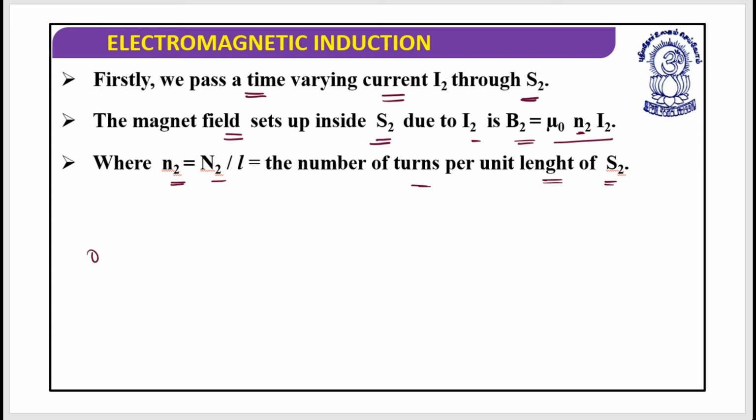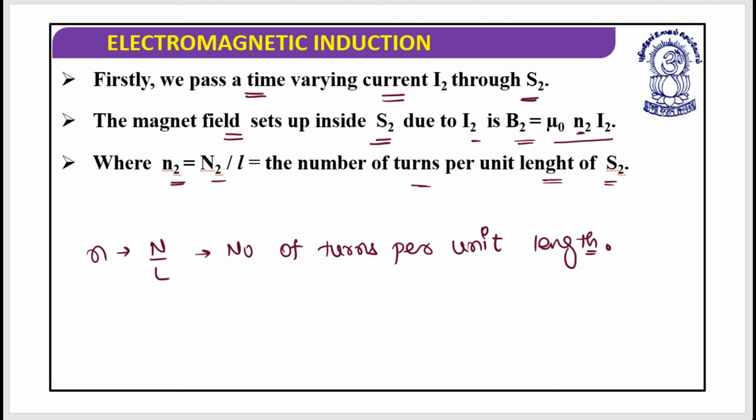Yes, we always call this small n, which is equal to N by L, the number of turns per unit length.